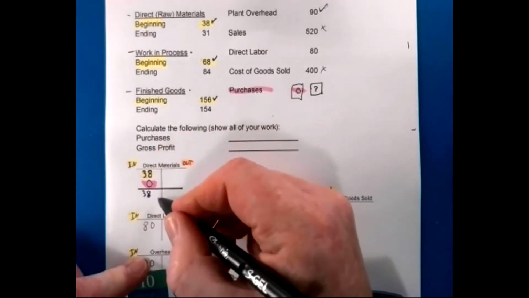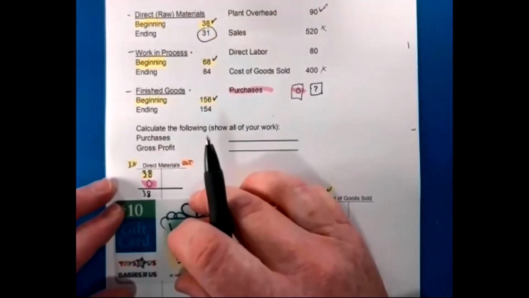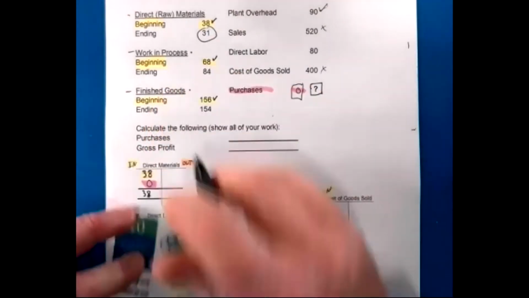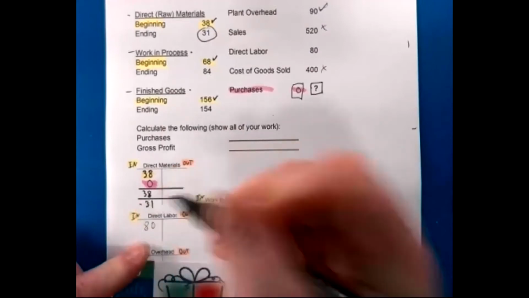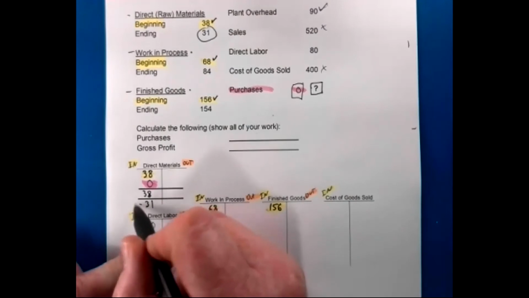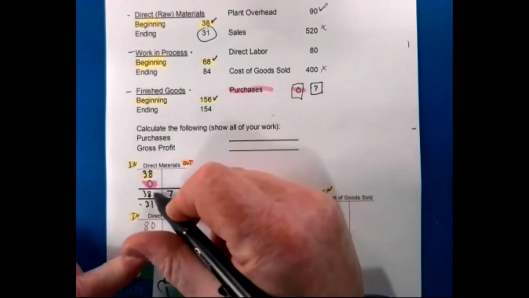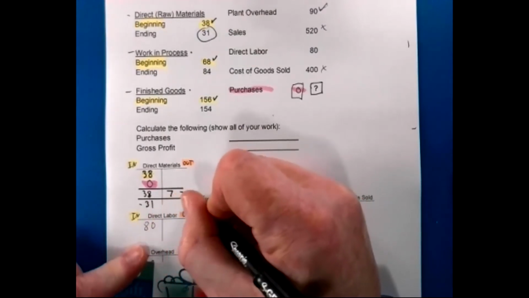So 38 plus 0 is 38. We go up and look for the ending inventory, and we subtract out the ending inventory. The ending inventories always get subtracted out. In real life, you don't put a minus there. So 38 minus 31 means that 7 must have been used.